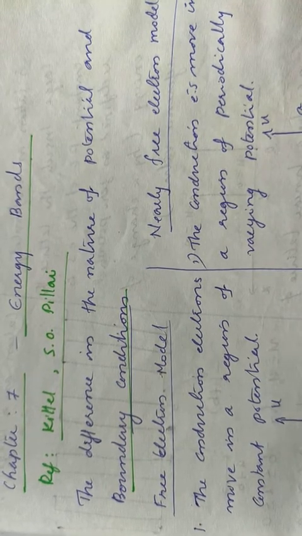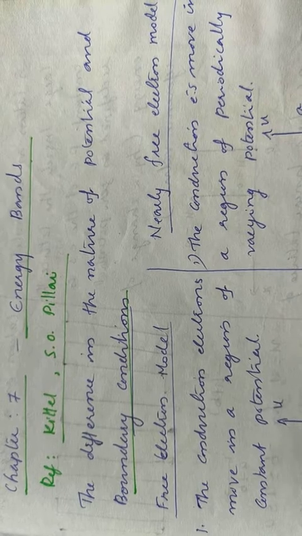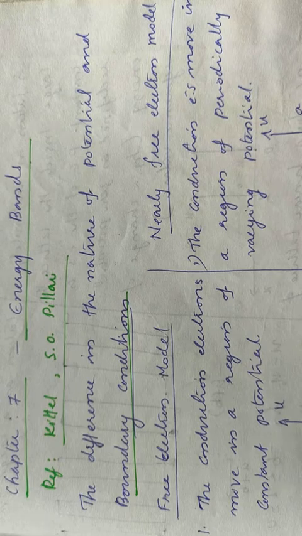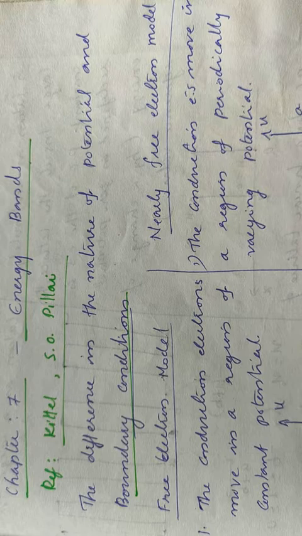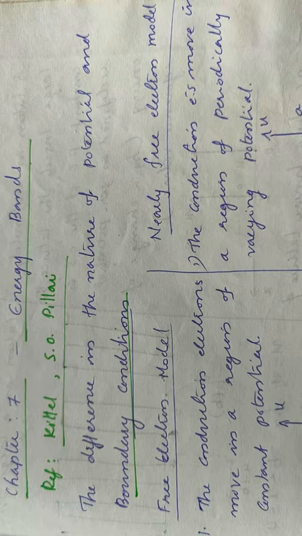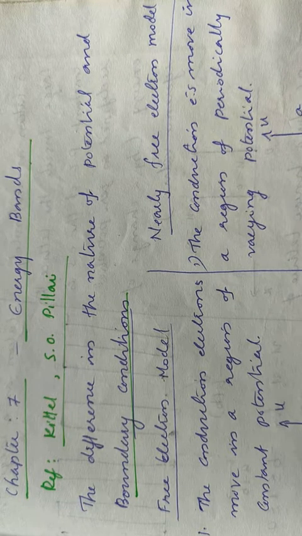Okay, so we have seen classical free electron theory and its limitations, and then came the quantum free electron theory, which includes Fermi-Dirac statistics and quantum mechanics, and we have discussed the applications of this new free electron theory.